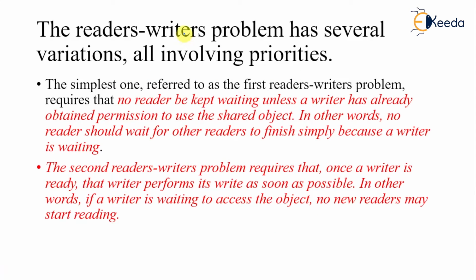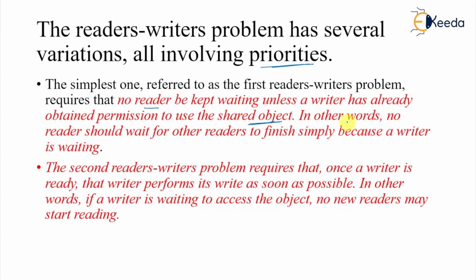Now, the solution of this readers-writers problem comes in several variations, all involving priorities. The first version says that no reader be kept waiting unless a writer has already obtained the permission to use the shared object. In other words, no reader should wait for other readers to finish simply because a writer is waiting.